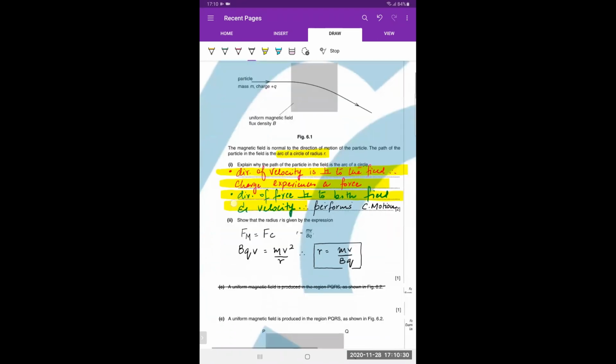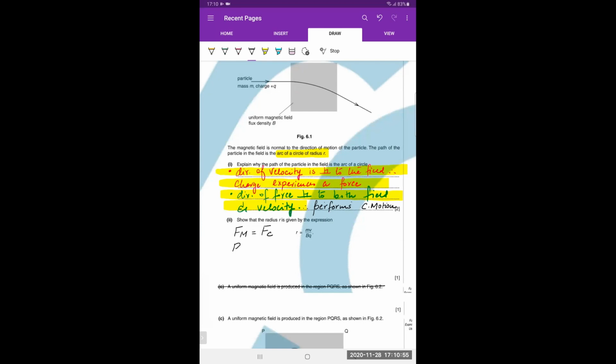In the next part, they are asking you to show that the radius is going to be given by the following equation. Remember, in theory we did this working. Let me repeat: it is the magnetic force which is responsible for making the charged particle move in a circle. So magnetic force is equal to the centripetal force.